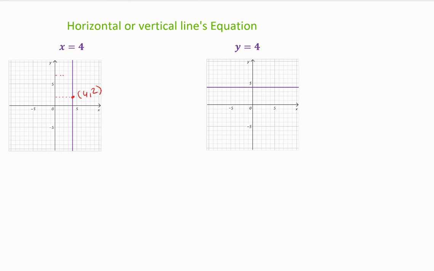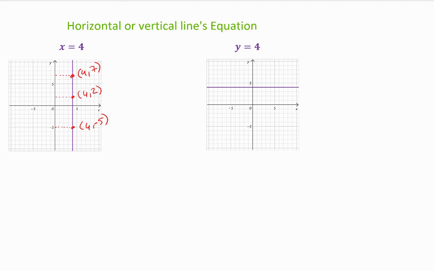Another point on the line, x is still 4 and y is 7. Or this point I choose, x is 4, y is negative 5. As you can see on this line, all the x values are 4. So this is why we call this line x equals 4.